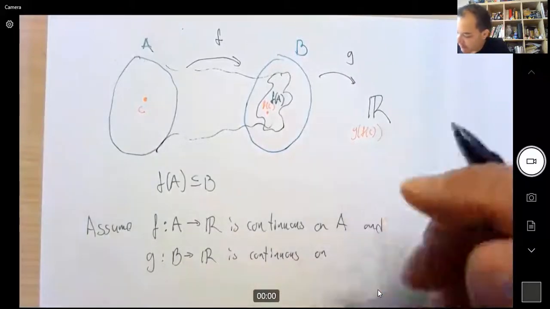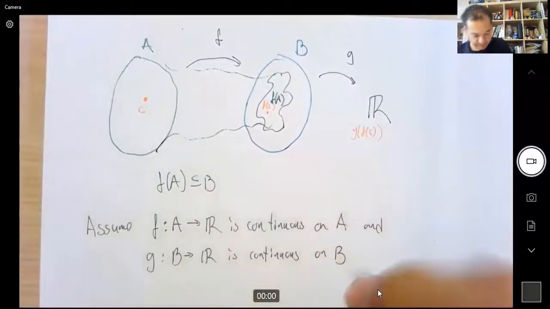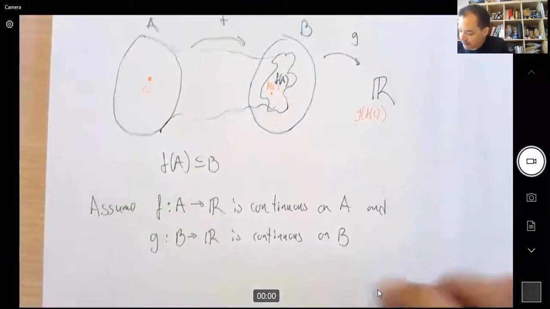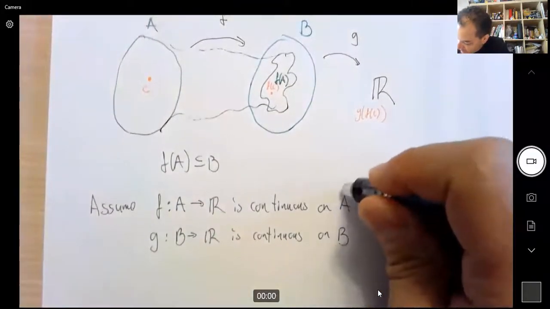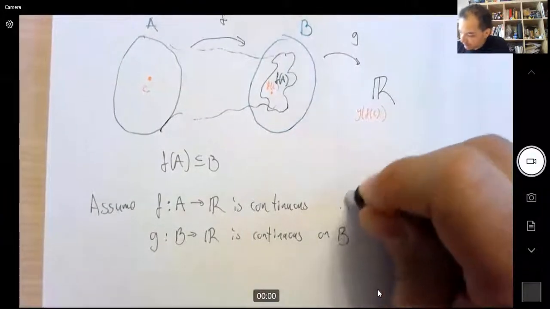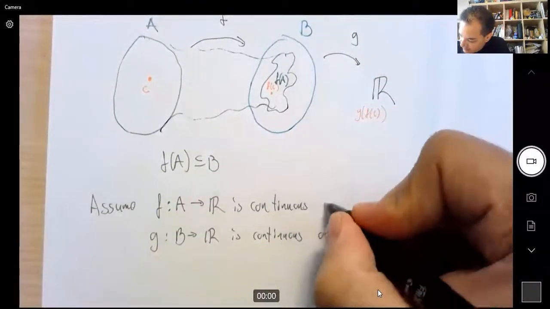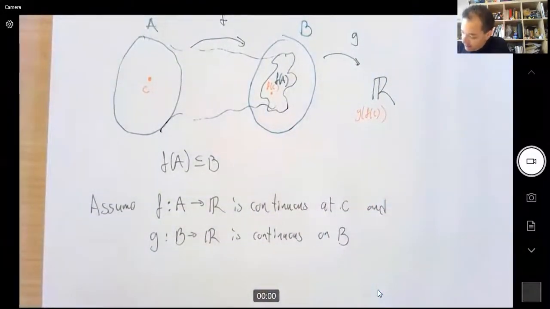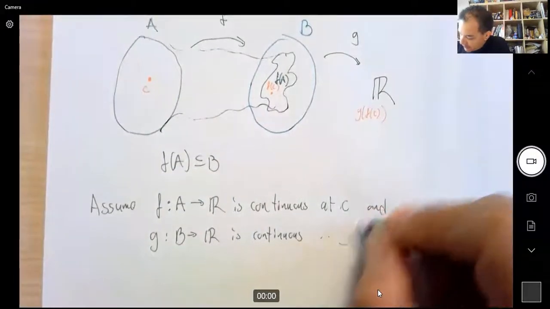Well, we only need it at a specific point, so let's say that this one is continuous at c, and this one is continuous at f of c.